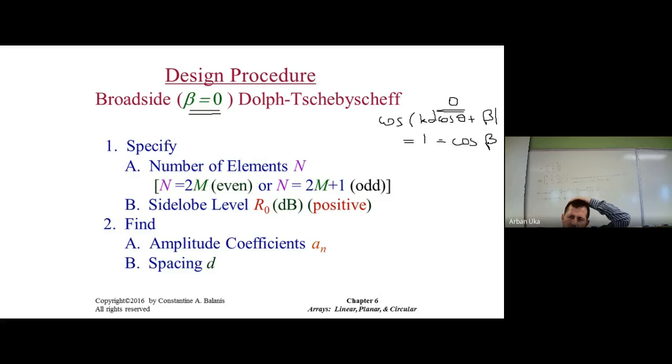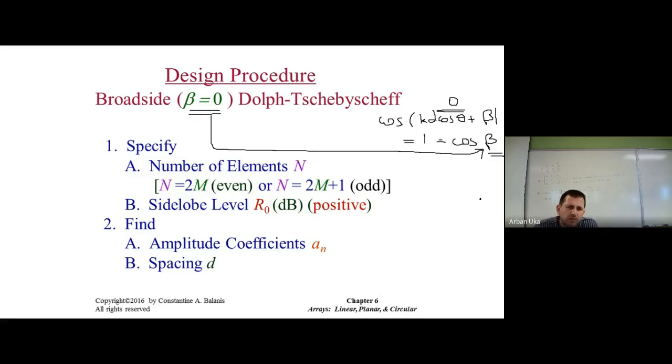If cosine beta is equal to 1, that means beta will be equal to 0. So the phase difference between any two subsequent antenna components is this. We can always derive this from what we learned in the previous session, and then we have to specify the number of elements.